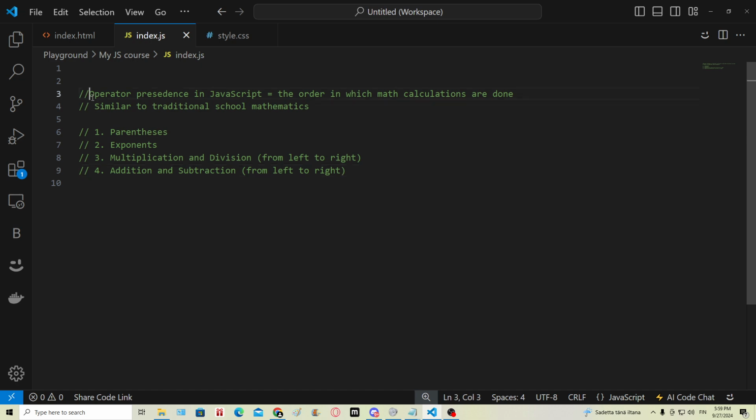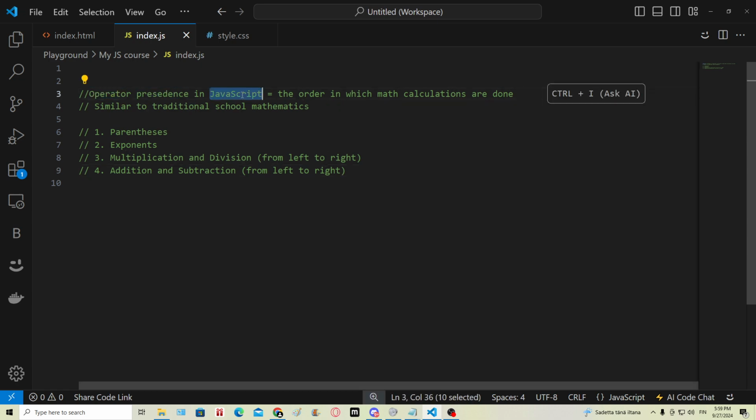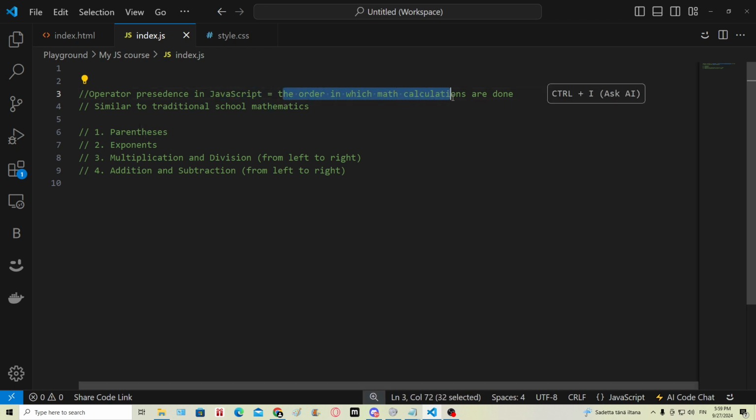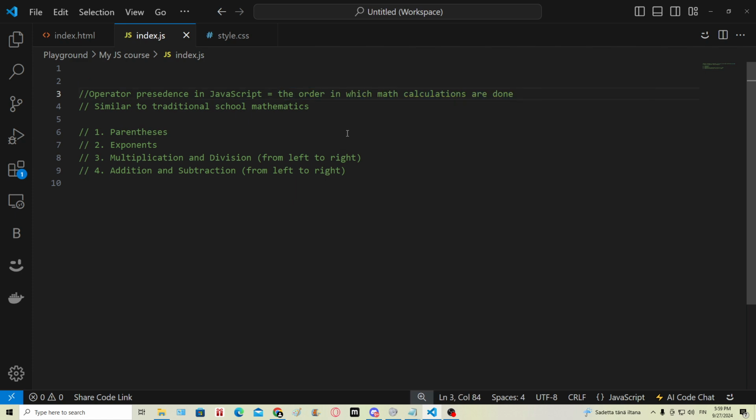So, the operator precedence in JavaScript means the order in which math calculations are done. It's very similar, or actually it's identical to traditional school mathematics.